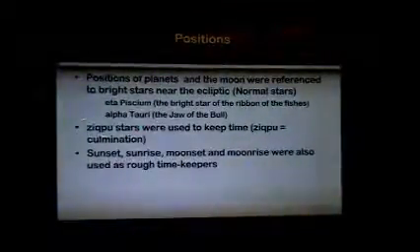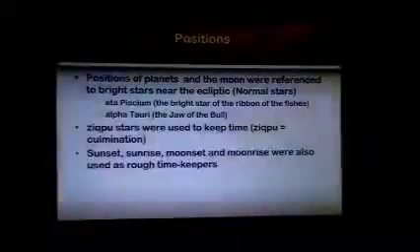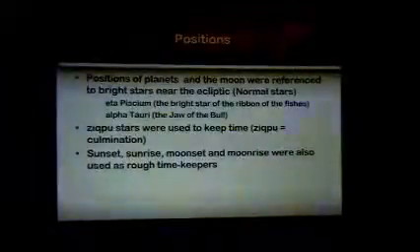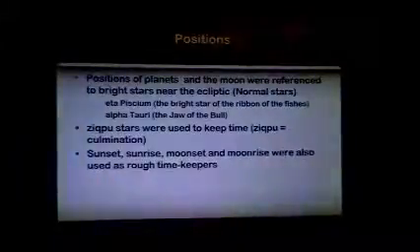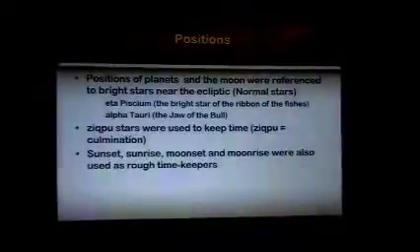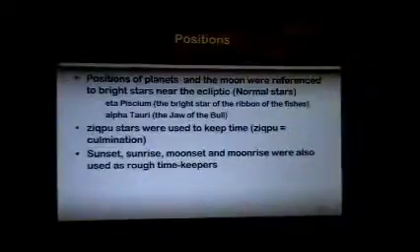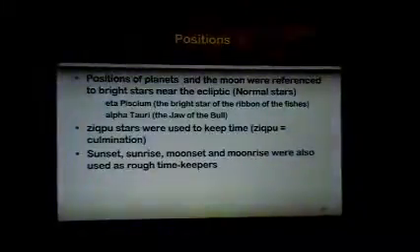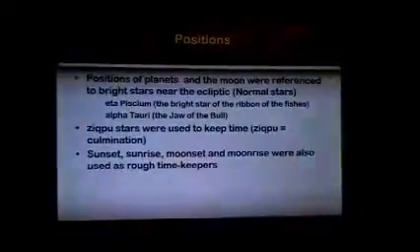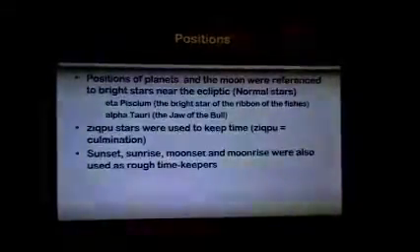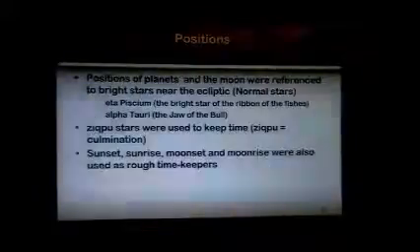Now the second set of stars, which we used to keep time, and these were stars that passed fairly high overhead, called Zikpu stars, and so you could keep your clocks in order by what time it was when they passed directly over it. Exactly the same thing we did with our meridian telescopes up till the invention of the atomic clock.